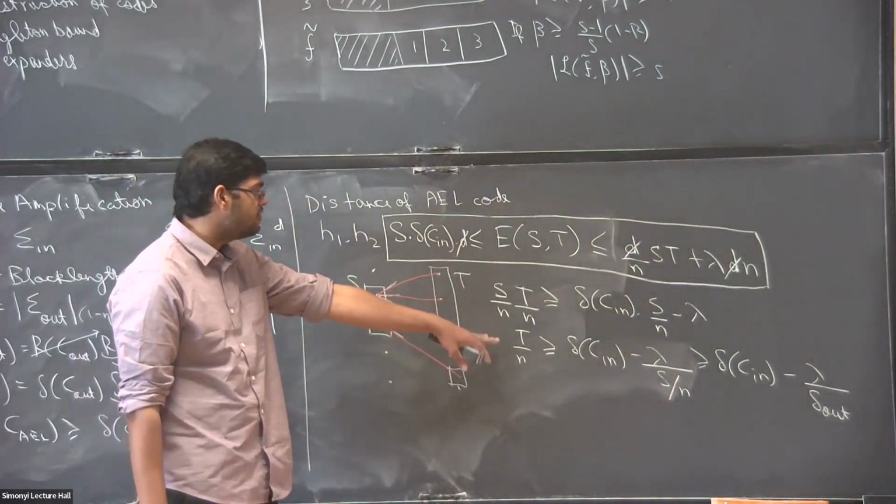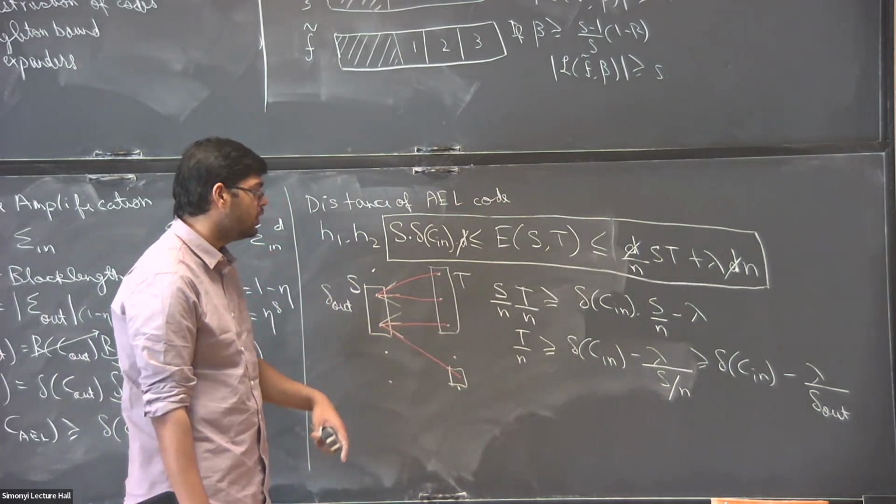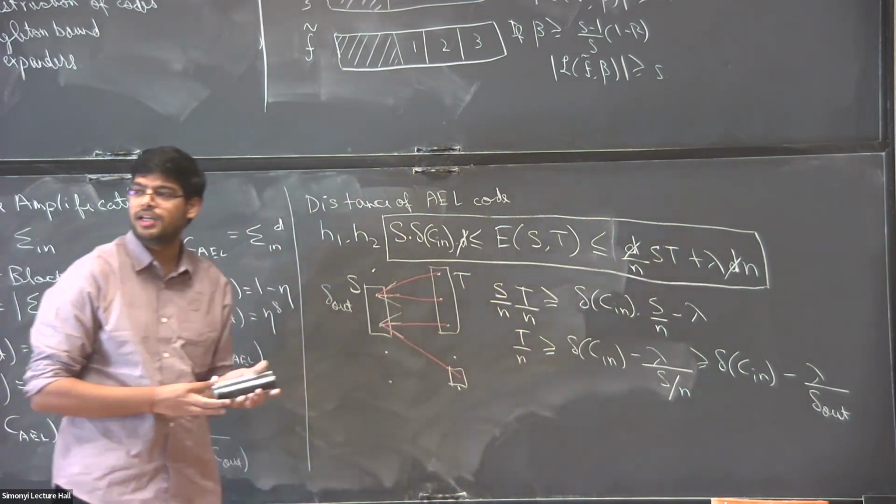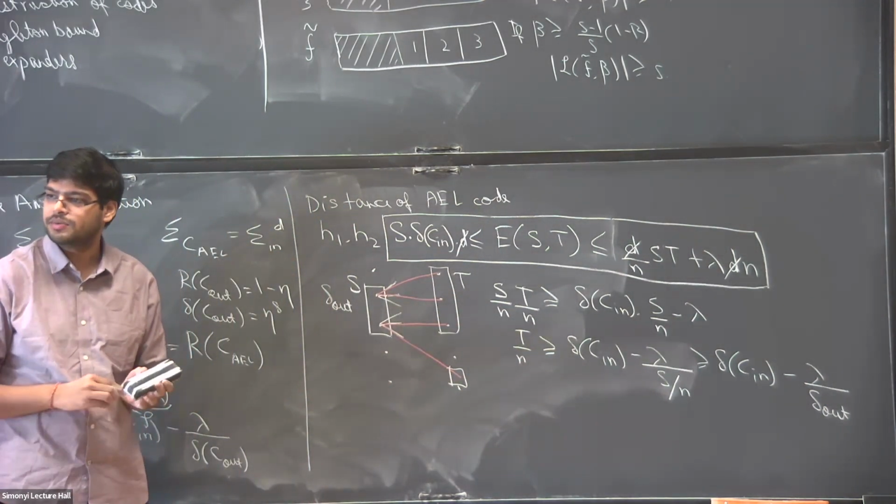So yeah, just rearranging, we get this lower bound on T over N, which pretty much only depends on delta C in minus an additive lambda based term.